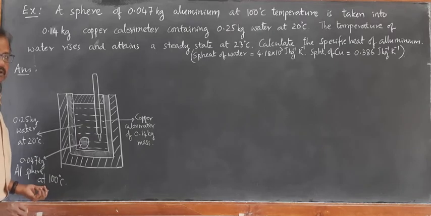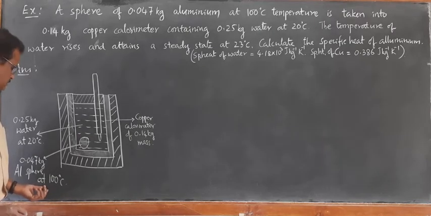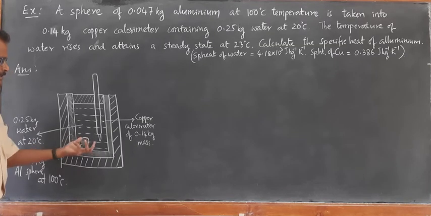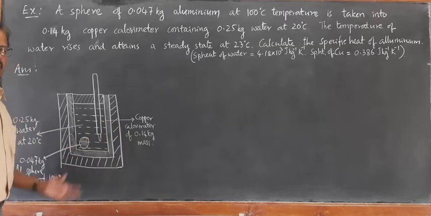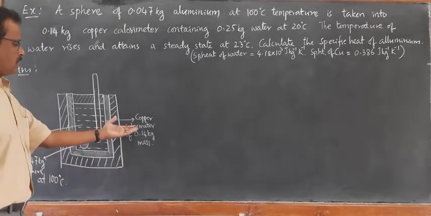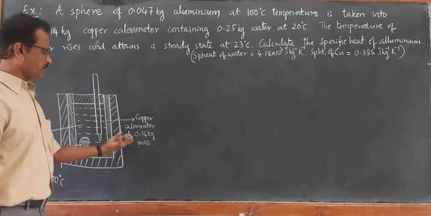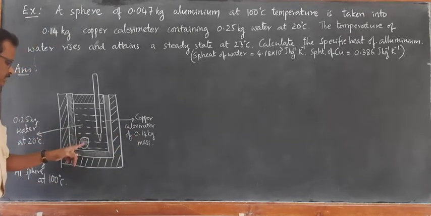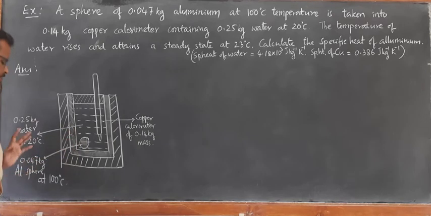The aluminium sphere is hot, at 100 degrees Celsius. It is taken into water at 20 degrees Celsius in a copper beaker calorimeter. So the temperature of the copper beaker and of the water is the same before the aluminium sphere is added.